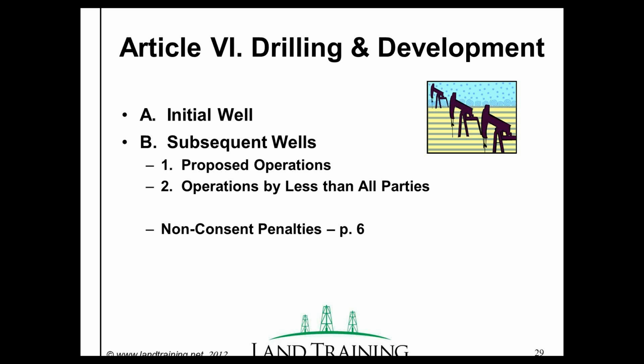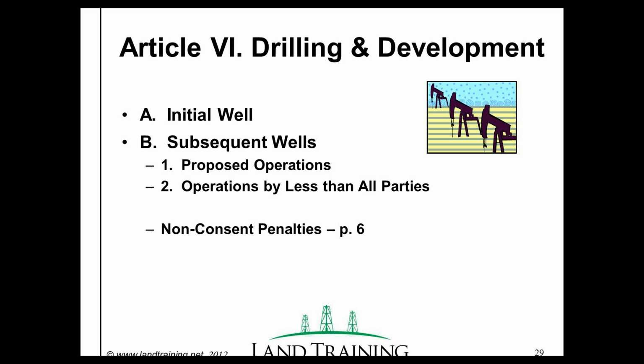Now, any other party can then propose another well. Any other party in the joint operating agreement can say, hey, I have an idea. Why don't we drill a well here? I mean, that one was really successful. Let's drill the well here. And they can propose that. They can send a notice to the other working interest owners. Anyone can propose that. Okay, so let's say that I propose that we drill a second well in the northwest quarter.